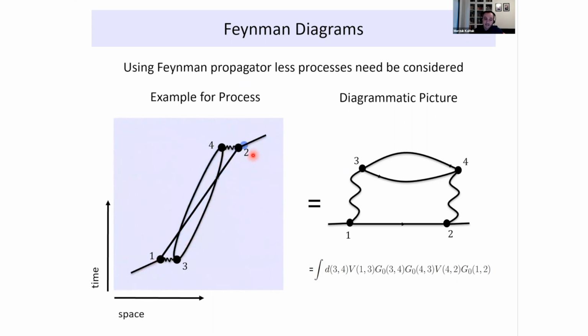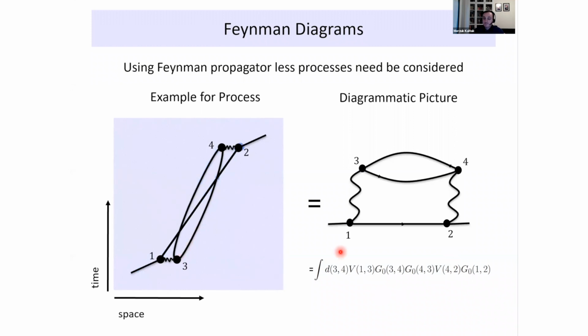And on the right-hand side, there's a picture of how one typically describes this process in terms of a diagram. And these intermediate points 3 and 4 have to be integrated out. And if you translate these diagrams into an integral, you end up with basically something like this.